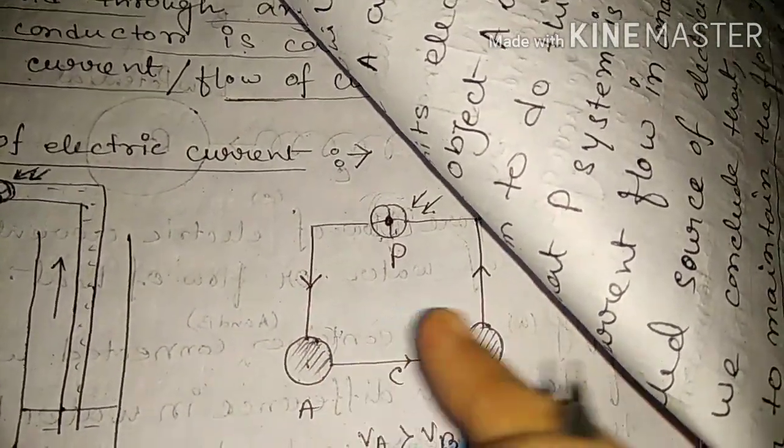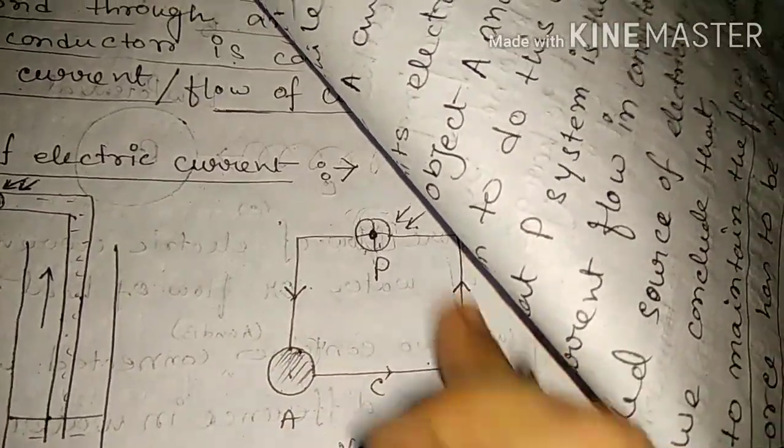That's why ACB is an external circuit, and BPA is an internal circuit. Okay.